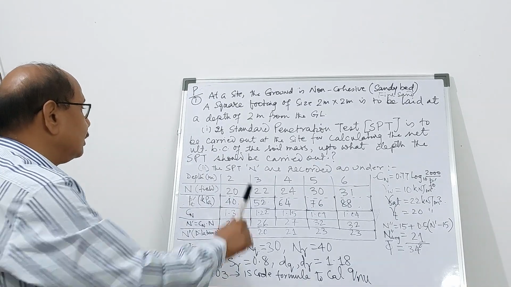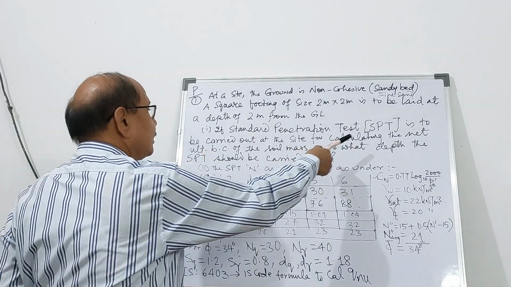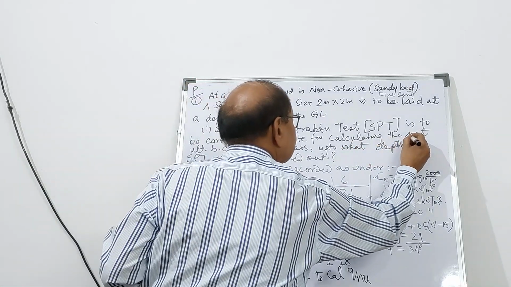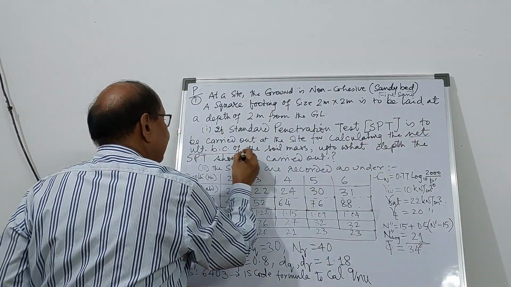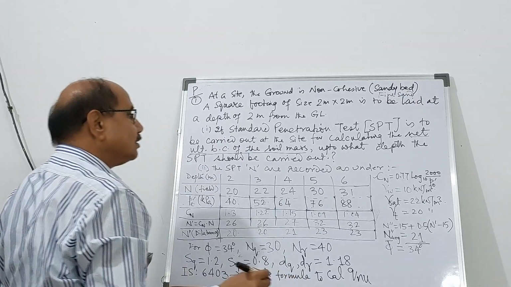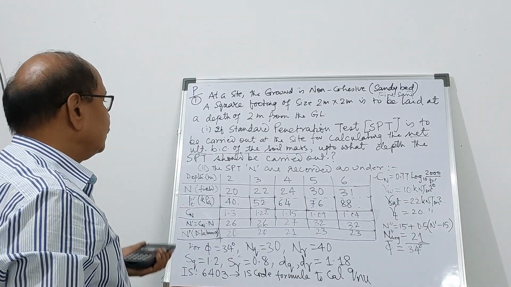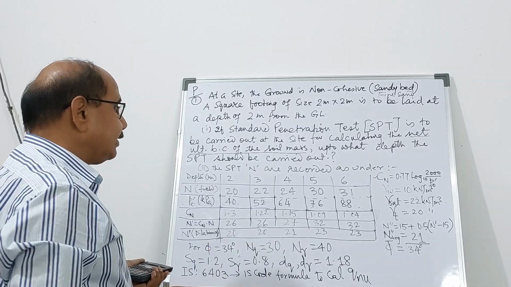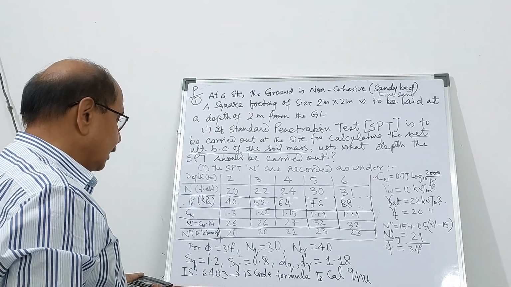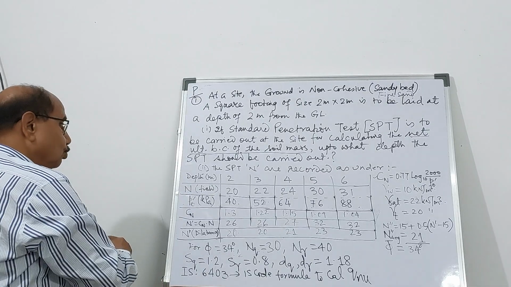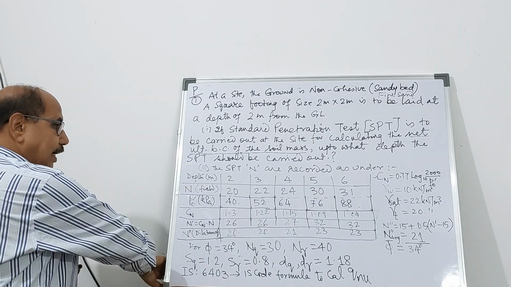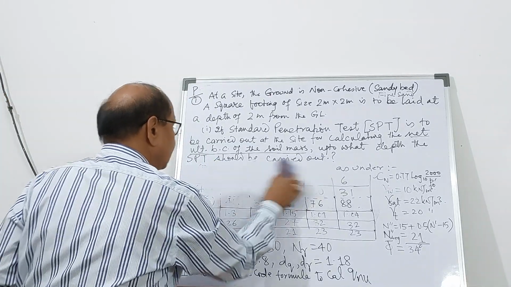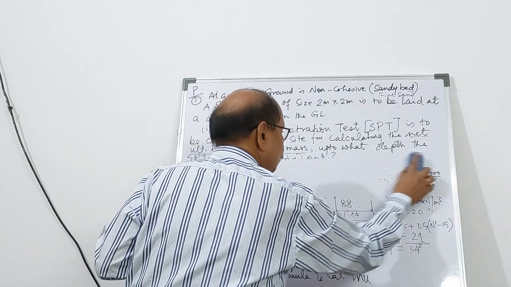So in this problem, in the second part, we have to calculate the net ultimate bearing capacity of the soil mass. So what is the formula? That is known to all of us.